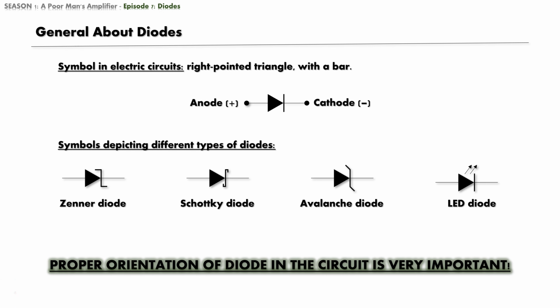The bar indicates the cathode connector. Depending on the type of diode, other symbols can be used to depict a diode in an electric circuit, for example, Zener diode, Schottky diode, avalanche diode, LED diode, and so on. Each of them has specific characteristics, and performs a specific role in an electric circuit, but what is common for all of them is that they have to be properly oriented in the circuit.